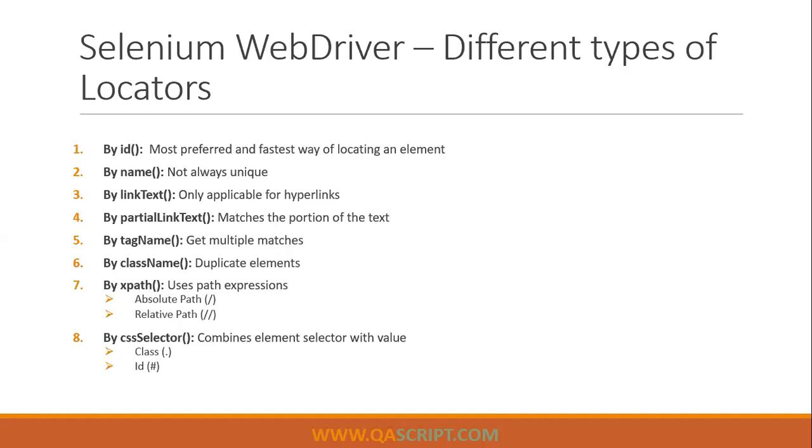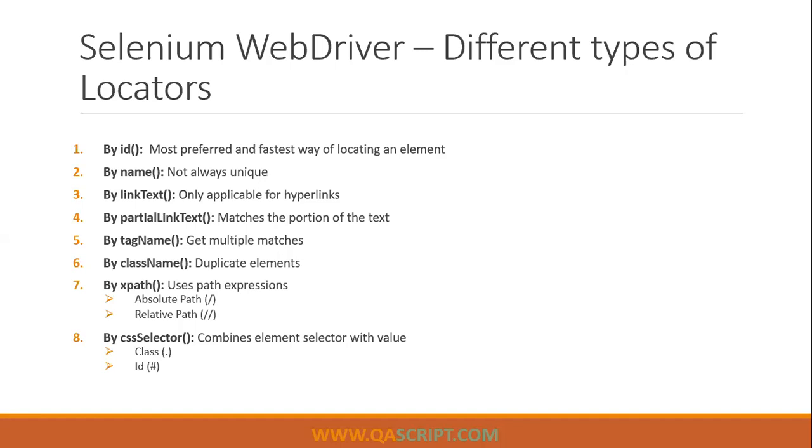So let's start with our first locator, which is the ID. This is considered the most preferred and fastest way of locating an element. That's because ID is always considered to be unique for an element within an application. It's hardly possible that you will have a duplicate ID for different elements in the application, right?